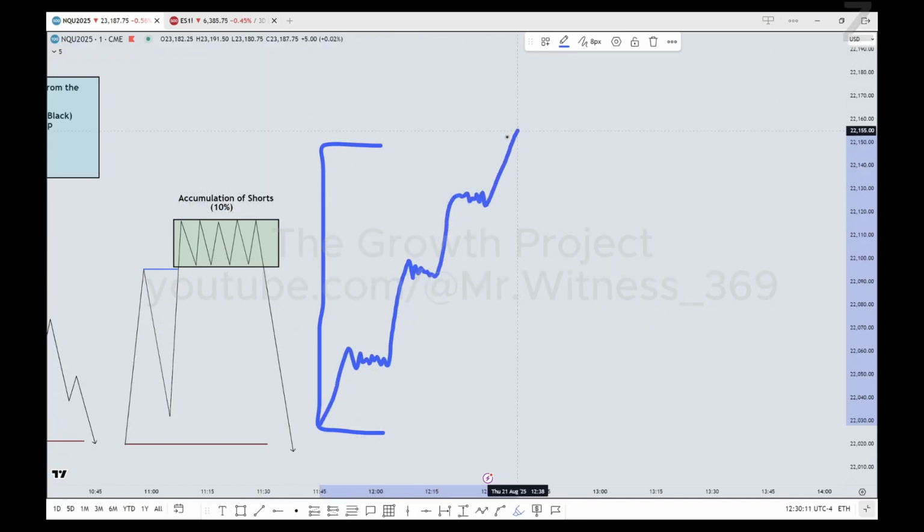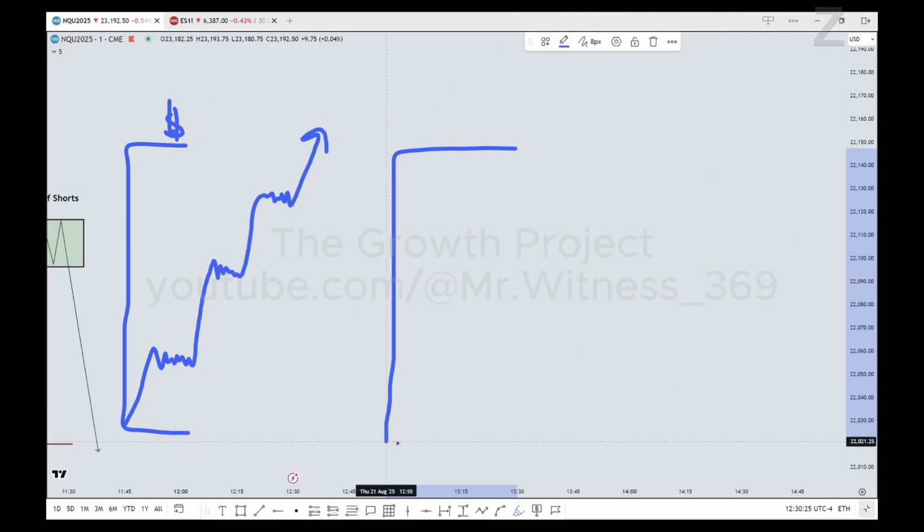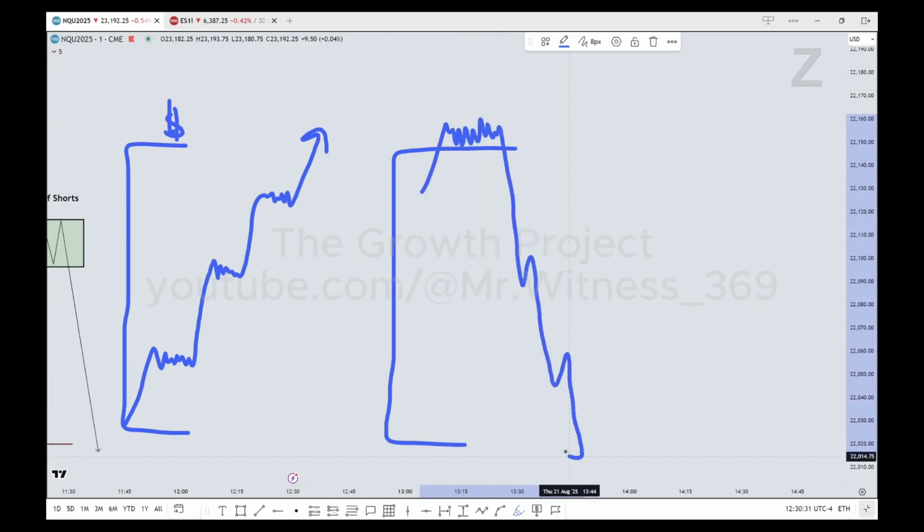This can take place all the way to the target, your buy side liquidity. So you can have a consolidation here, here, and here. But the accumulation will take place at the extremes of the range, around liquidity. Bam. And that's going to give you a reversal.